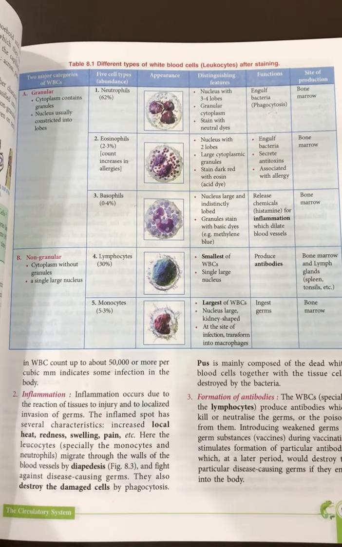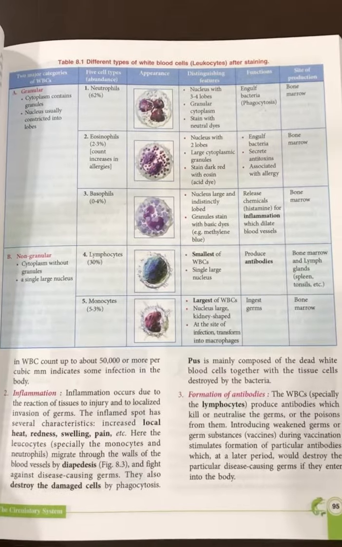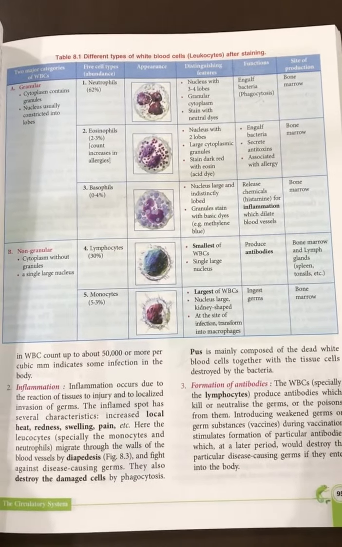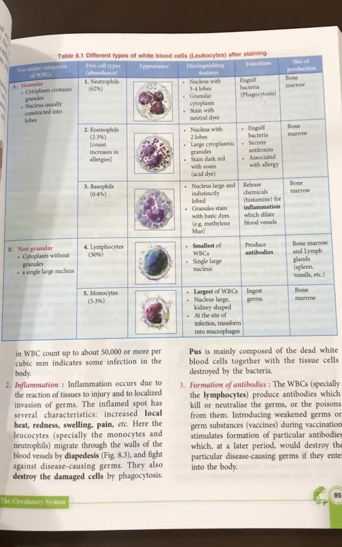They also destroy and damage cells by phagocytosis, which results in the formation of pus. You all must have seen sometimes when infection takes place, pus develops. Then what is pus? It is mainly composed of dead white blood cells and dead tissue cells which have been destroyed by the bacteria.